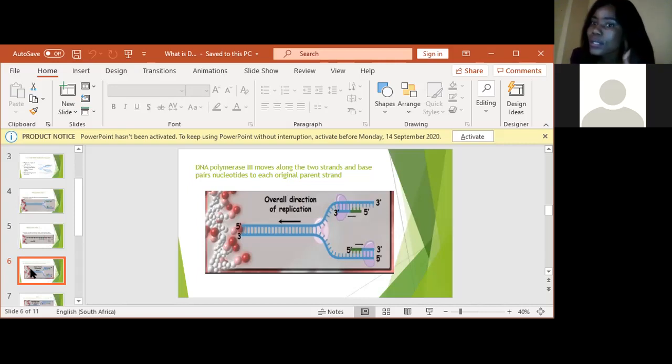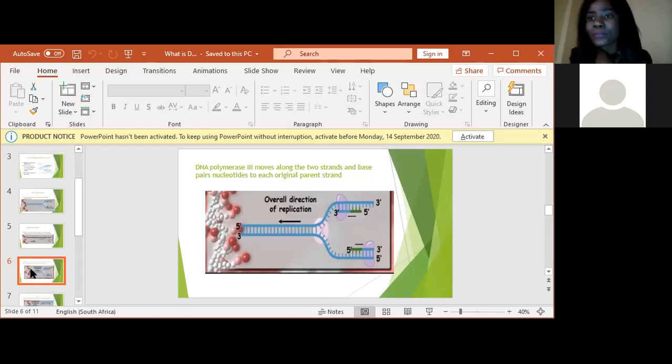The second enzyme that catalyzes the replication process is primase, which synthesizes a small primer, which will act as a starting point before DNA polymerase 3, the replicative enzyme, starts synthesizing a complementary strand.